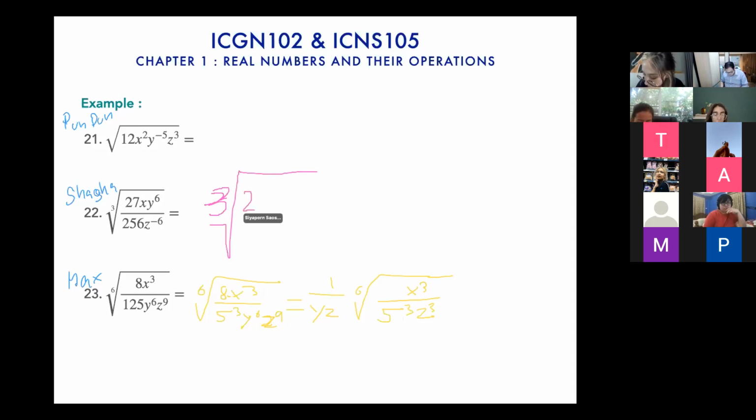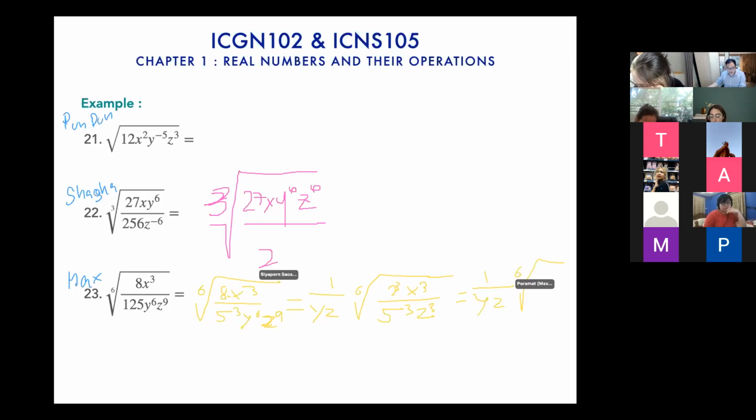Okay, for number 21. Pan, you cannot do it, okay, no problem. I will just show you how to do it. While Shasha and Max, you just continue doing yours.